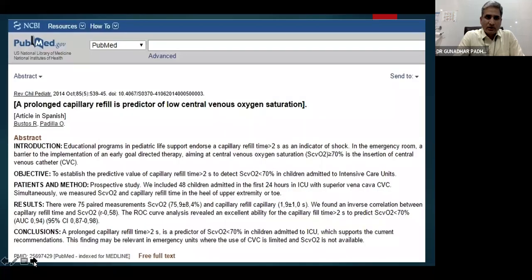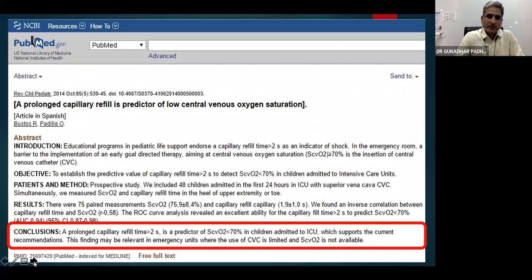So these are the different literatures that show that a prolonged capillary refill time is a predictor of low central venous oxygen saturation. So we'll go to the next topic, what is actually low central venous oxygen saturation. These are the conclusions drawn from the study, that prolonged capillary refill time of more than 3 seconds or 2 seconds is a predictor of low central venous oxygen saturation, particularly in pediatric patients admitted to the ICU, and is a surrogate marker of the hypoperfusion state.